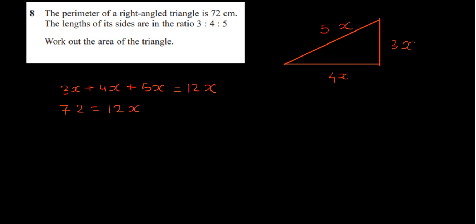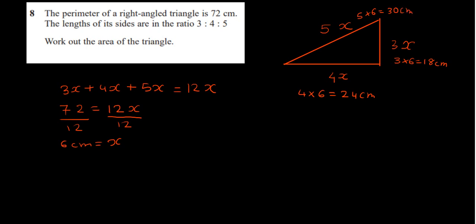So to get x, we would divide both sides by 12, and x is equal to 6 centimeters. So 3x would be 3 times 6, which is 18 centimeters. And 4x would be 4 times 6, which is 24 centimeters. And 5x would be 5 times 6, which is 30 centimeters.